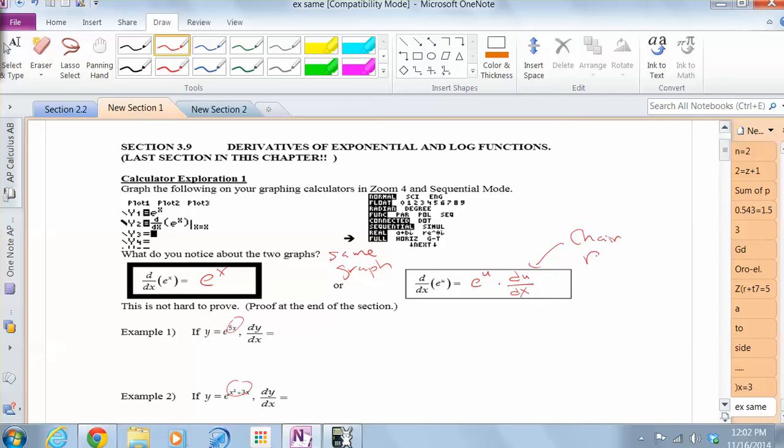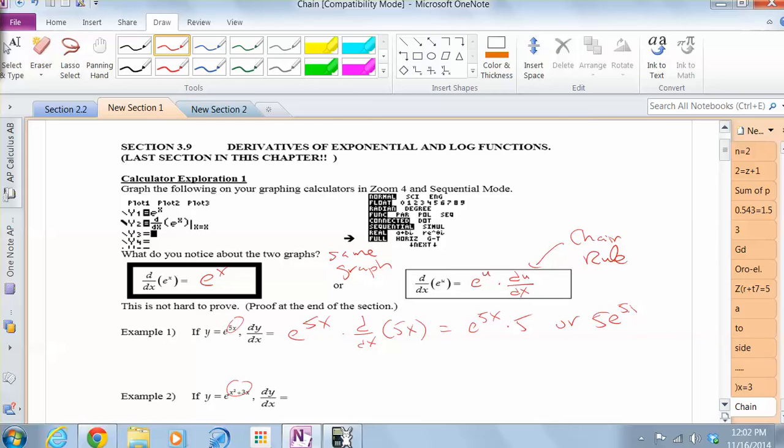So in this case, if I want to find the derivative of e to the 5x, it will be e to the 5x, but then times the derivative of 5x, which will just be 5. So e to the 5x times 5.